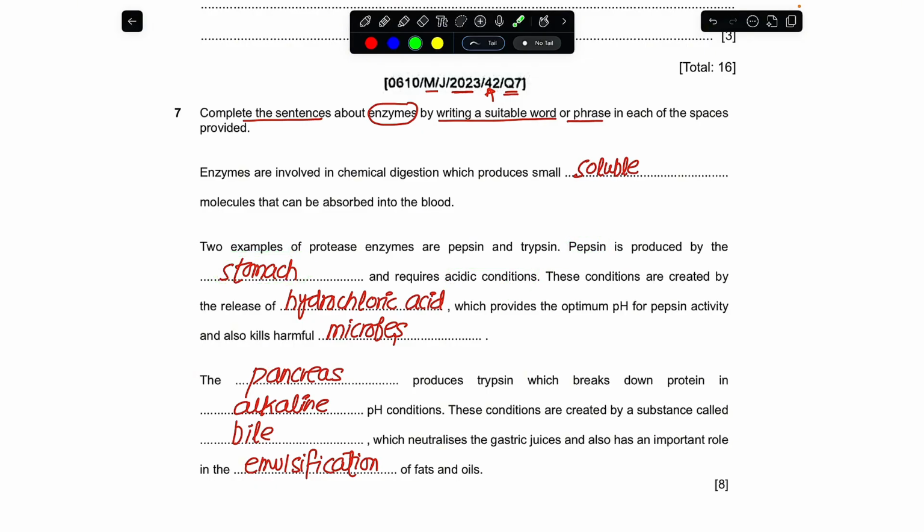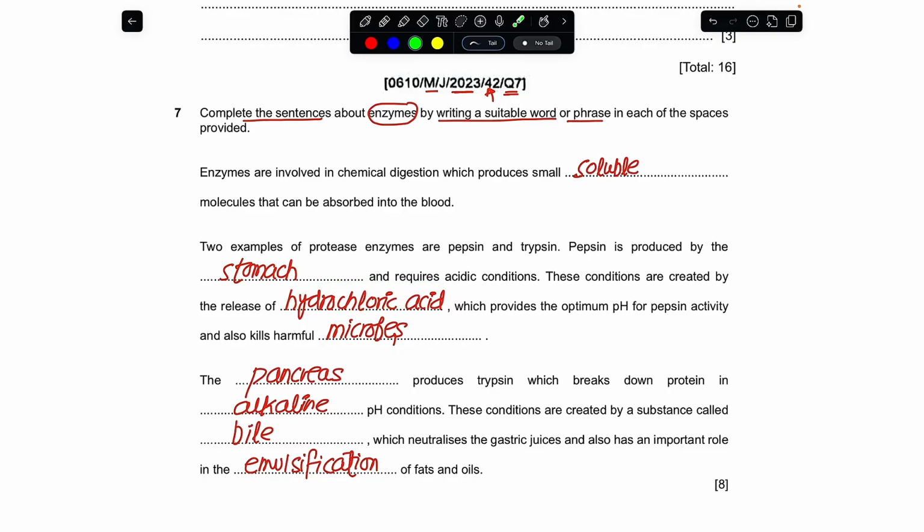Later they say that these conditions are created by the release of dash, which provides the optimum pH for the pepsin activity and also kills harmful what? That would be the microbes. And we are aware that within the stomach, the acidic conditions are provided by the hydrochloric acid.